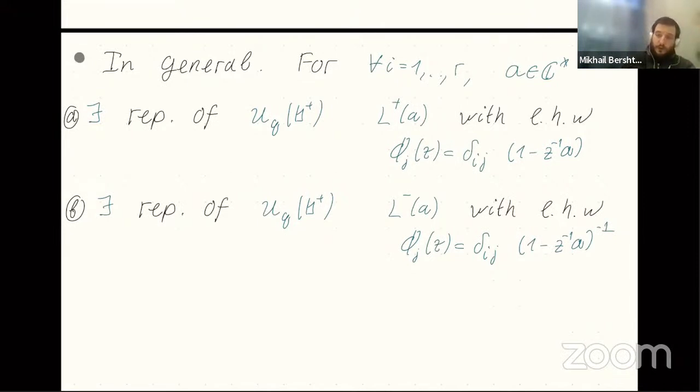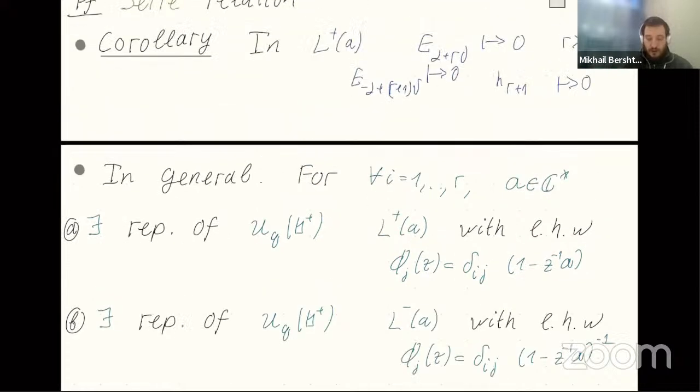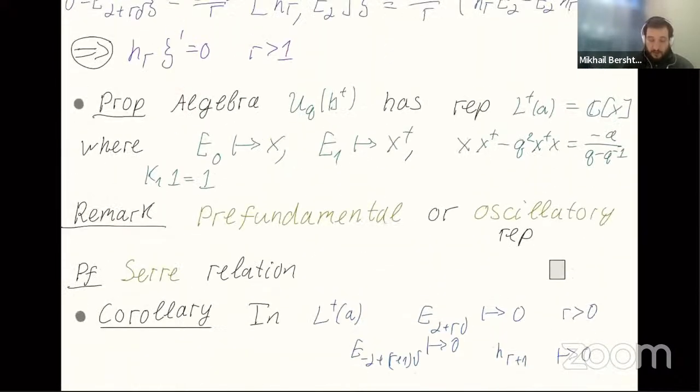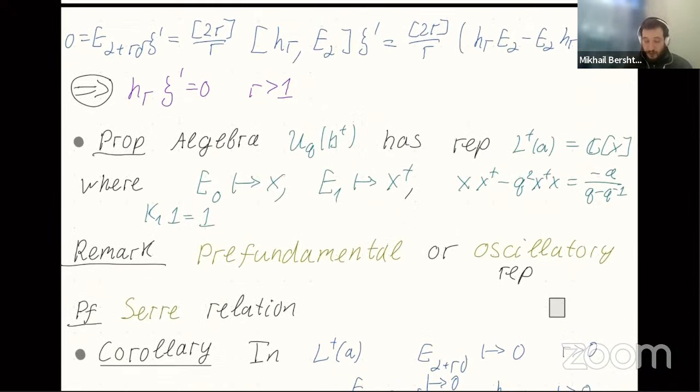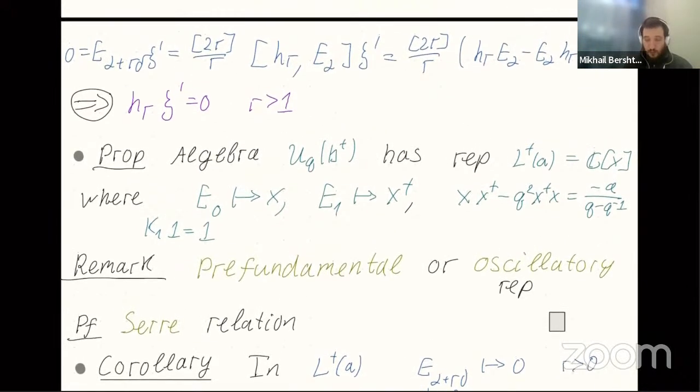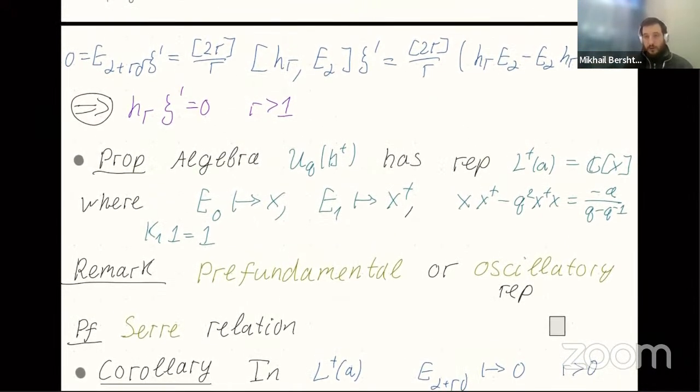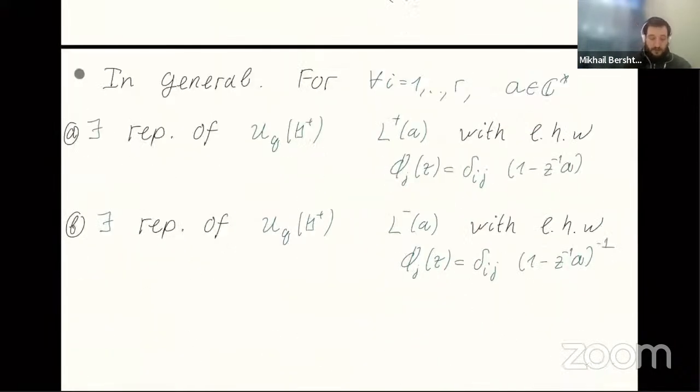We can have one root in the numerator or one root in the denominator, and both types of fundamental representations exist. The actual difference between them for SL2 is here. Here I put q squared, but I can put as well q minus 2, and again obtain a representation, and it will actually be another fundamental representation.